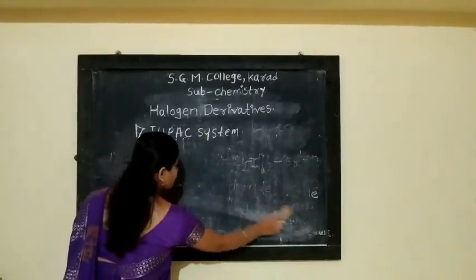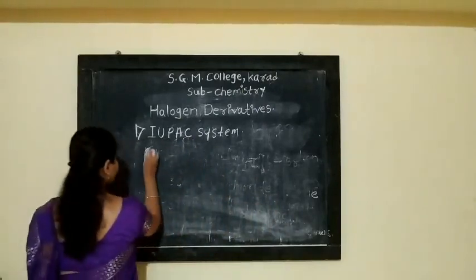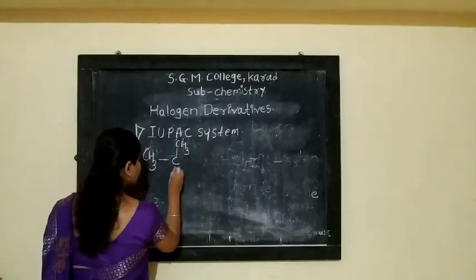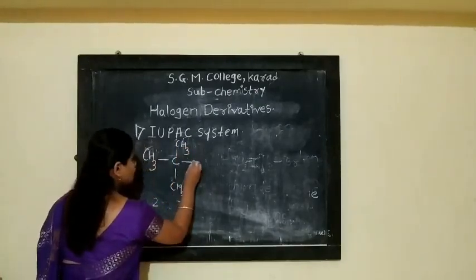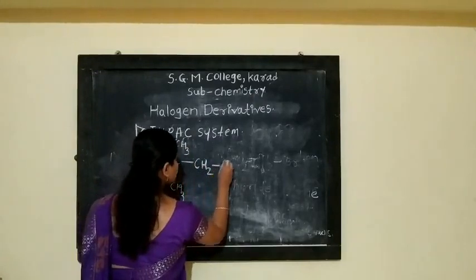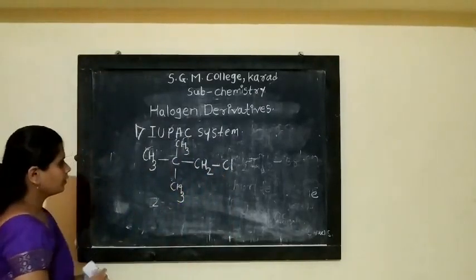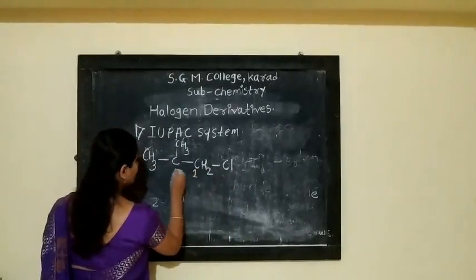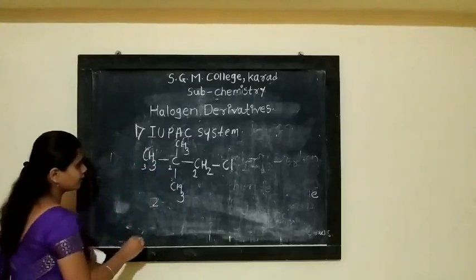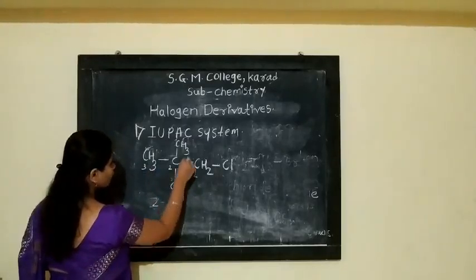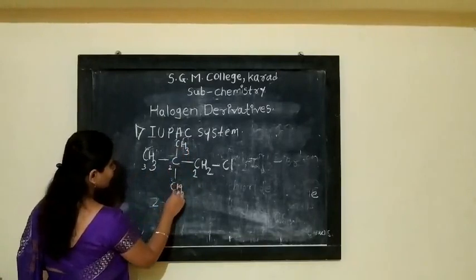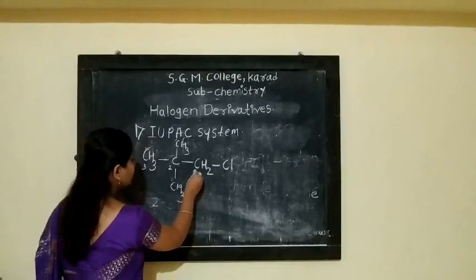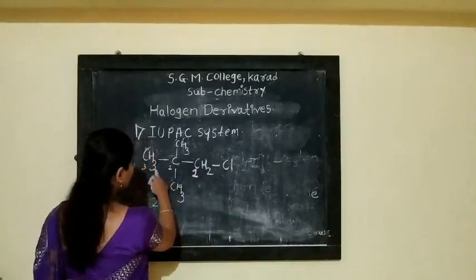Here I take another example. CH3, C, CH3, CH3, CH2, Cl. Select the longest continuous carbon chain 1, 2 and 3, or we can count from here 1, 2 and 3. But here the chlorine gets the lowest number, so we count from here 1, 2 and 3.